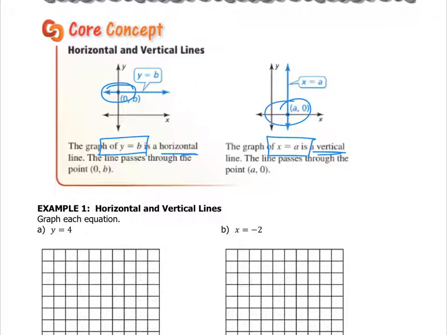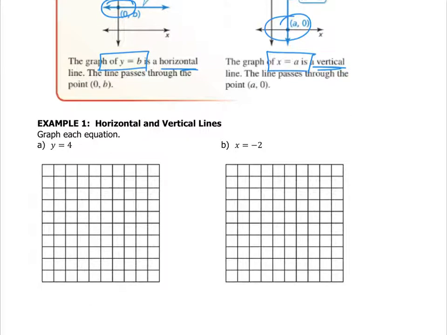So what we want to do down in example 1 is we're just going to graph these two equations, these two lines. So this is y equals, which means it's a horizontal line because all horizontal lines say y equals and then they just have a number. So let's make our xy grid.